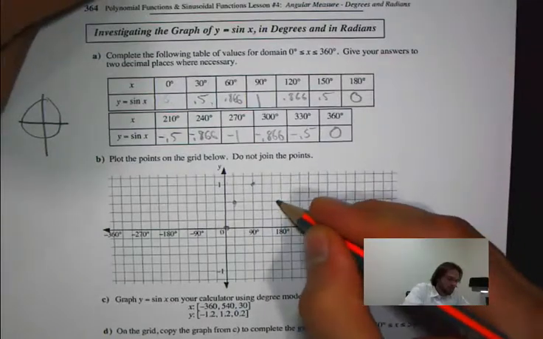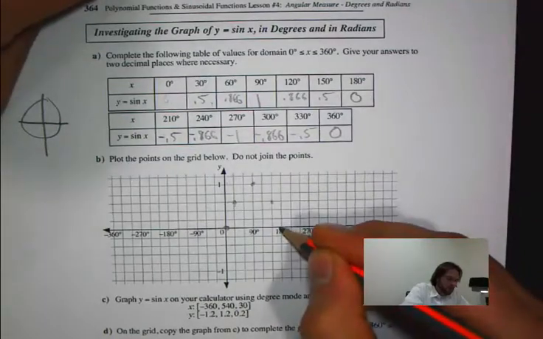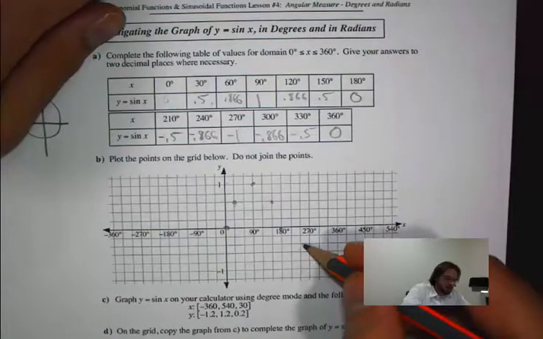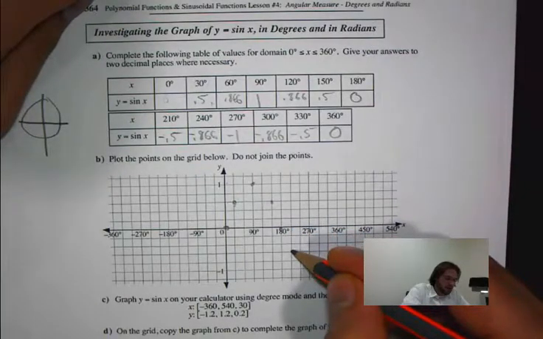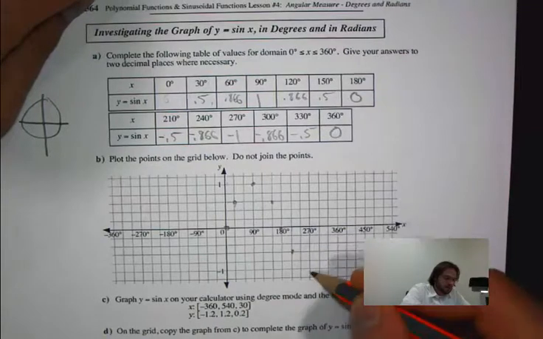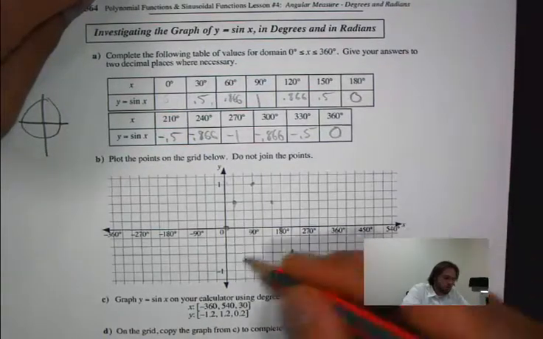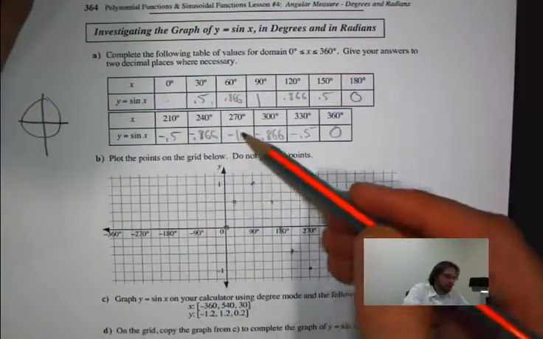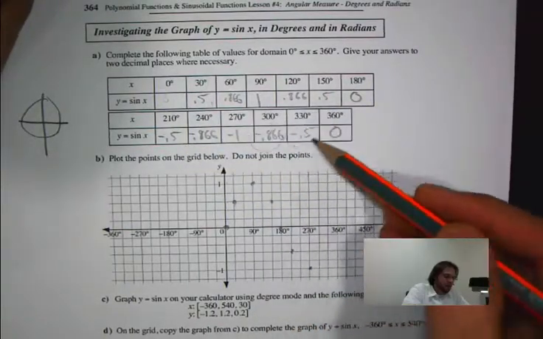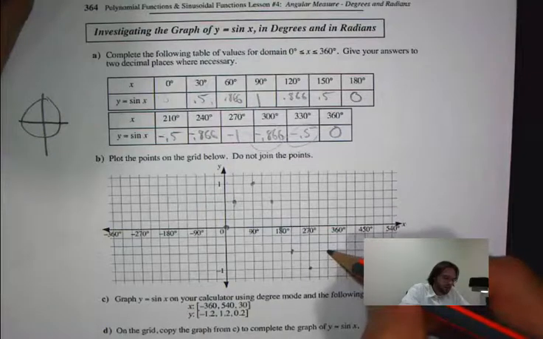Then we go back down, we're at 0.5, and we're there. Then we continue this, and then at 30 degrees from there, we're at negative 0.5. 270, we're at negative 1, right? And then we're at negative 0.5 at 330.